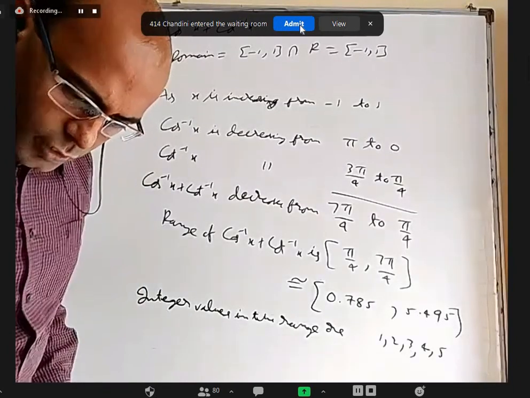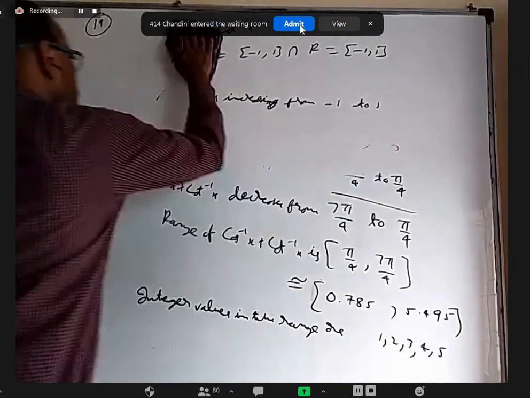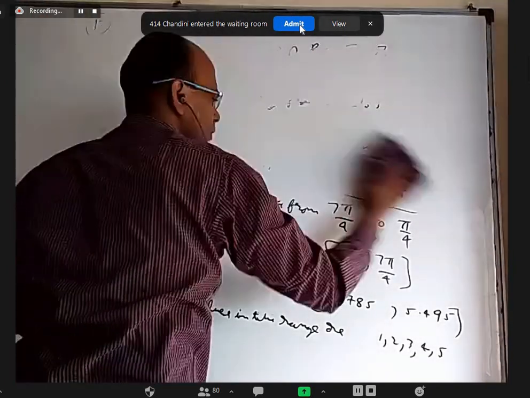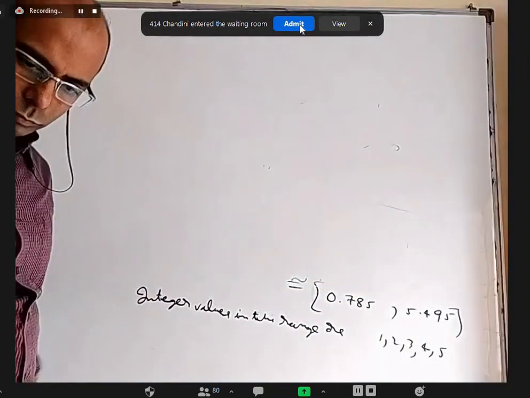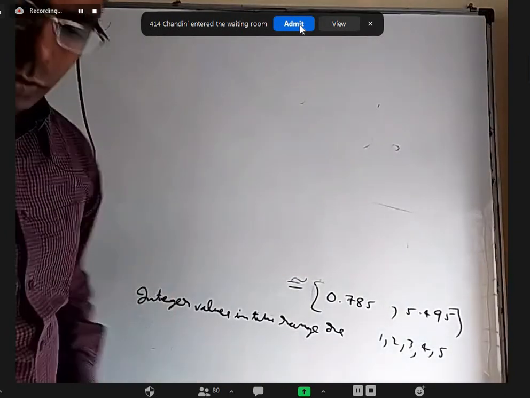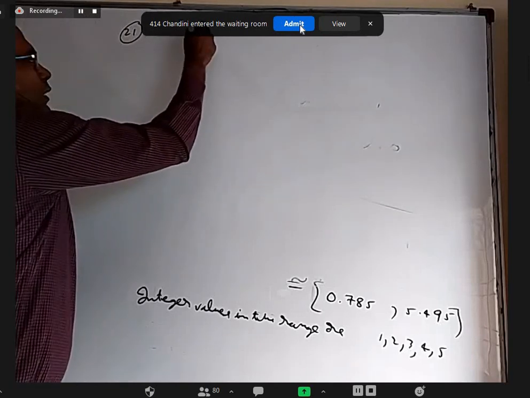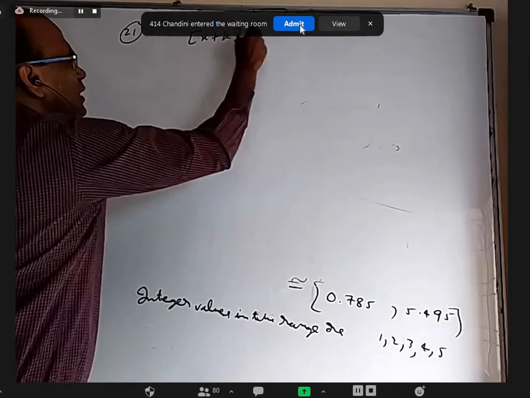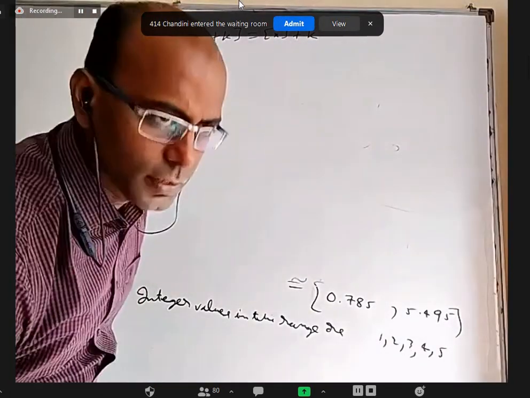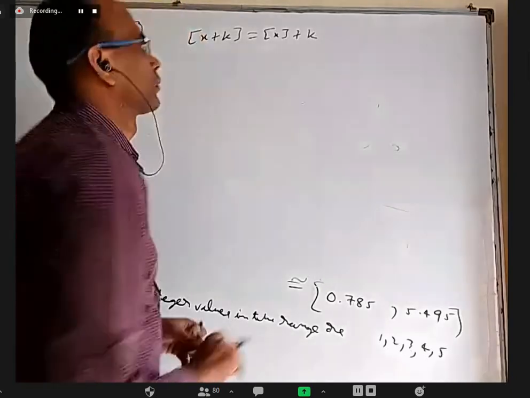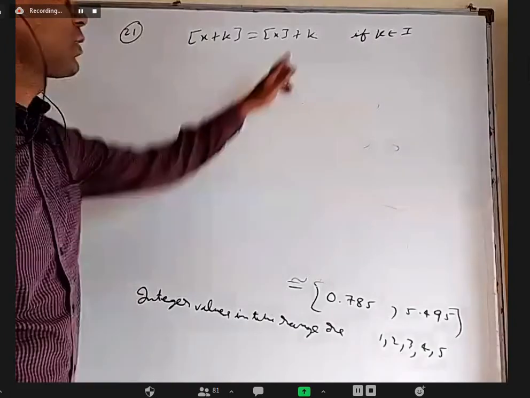21. First of all, let us find the domain. What x values are okay. Or maybe without that also we'll manage. Integer part of x plus k, I can write as integer part of x plus k, provided k is an integer, if k belongs to I. If k is not an integer, I cannot take it out like this.